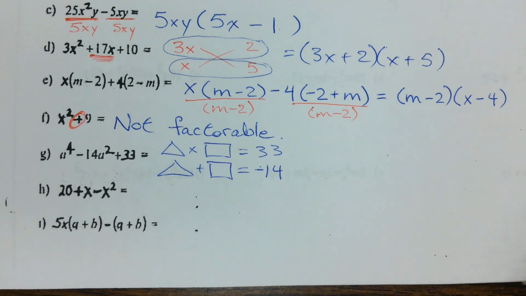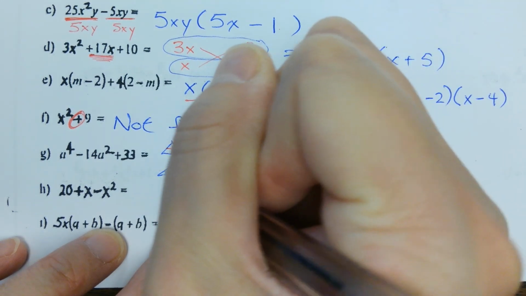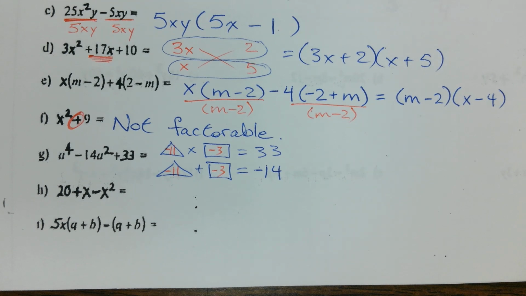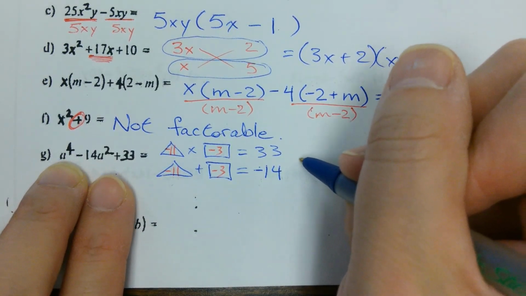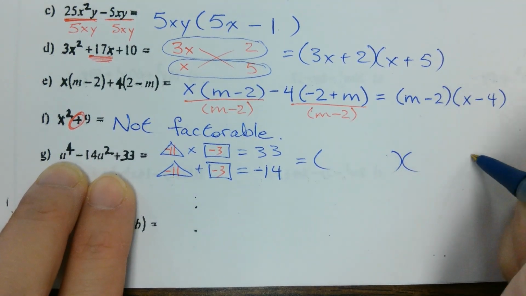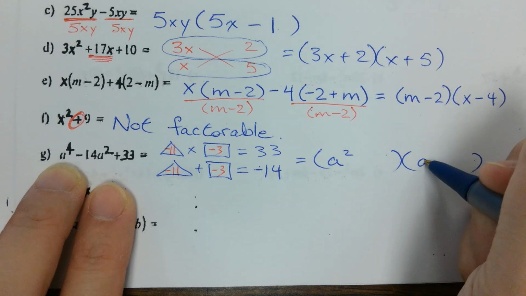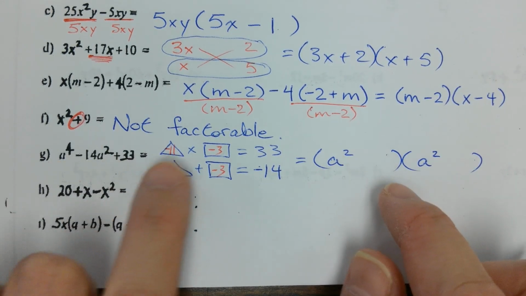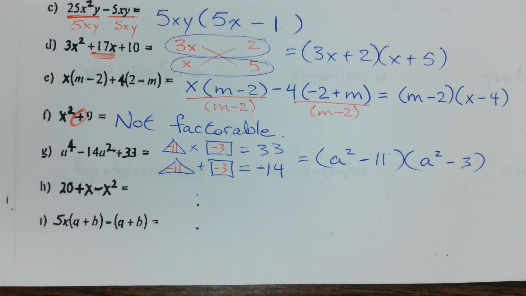So 11 and 3, negative 11, negative 3. Those two work. But because it's a to the power of 4, instead of writing a and a, it's going to be a squared, like this, to get that a to the power of 4. And then your two numbers would be minus 11, minus 3.